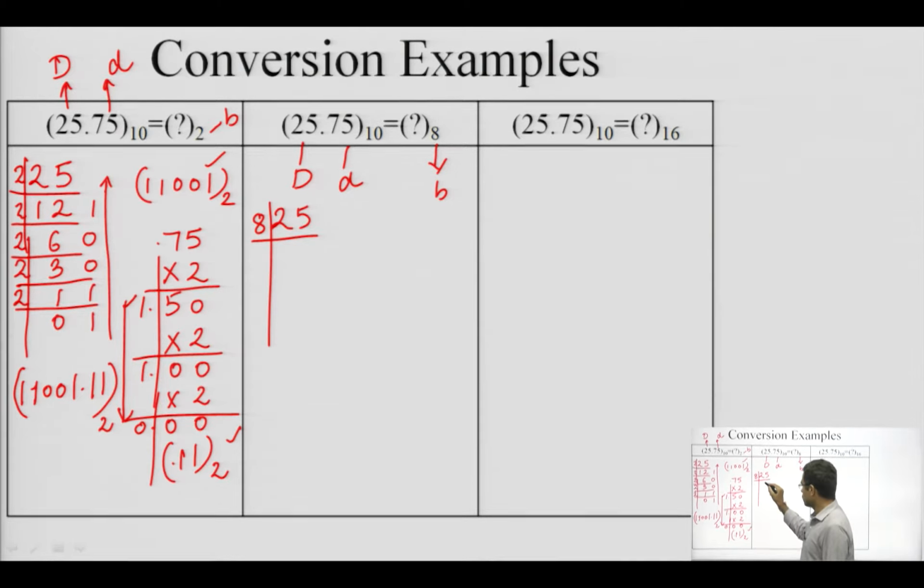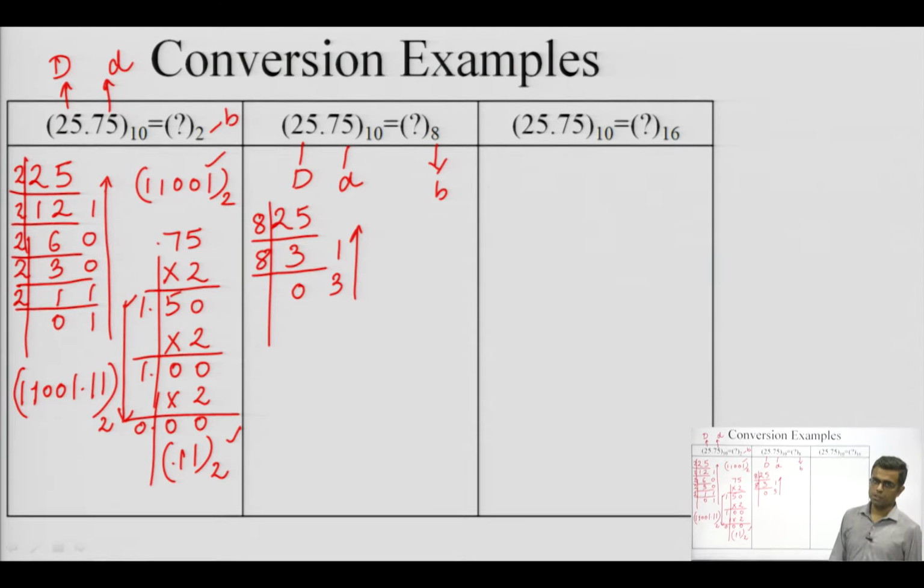So, 8 3s are 24, remainder is 1, and 8 0, remainder is 3, and arranging these remainders in reverse order of the generation, I will get 31. So, if I would have been provided only 25 to convert into octal, this 31 would have been the answer, but I am provided with 25.75.